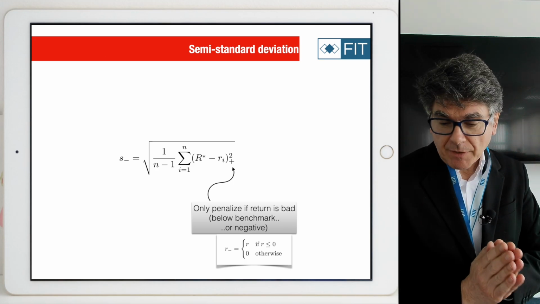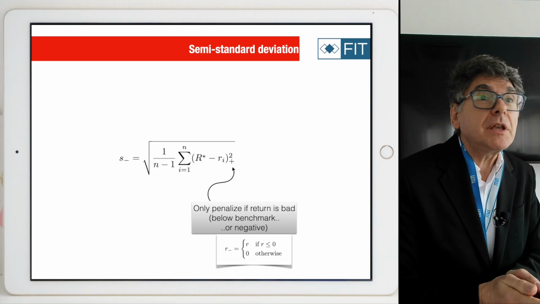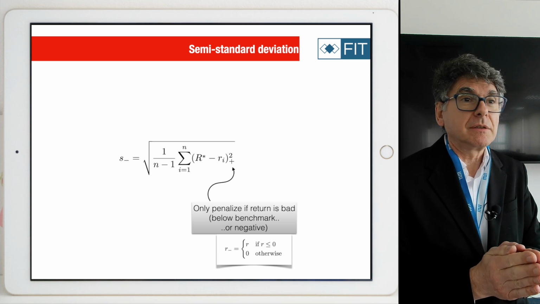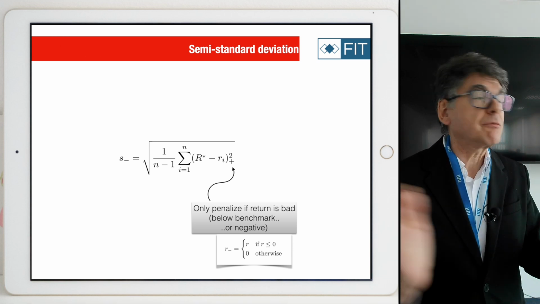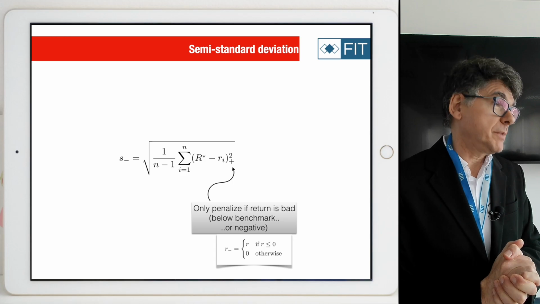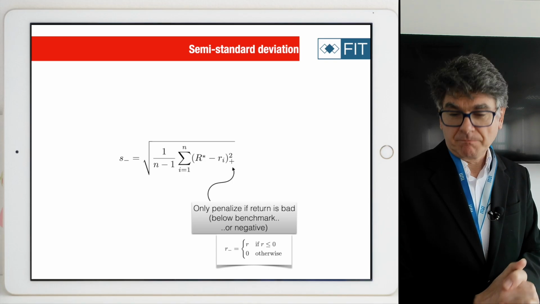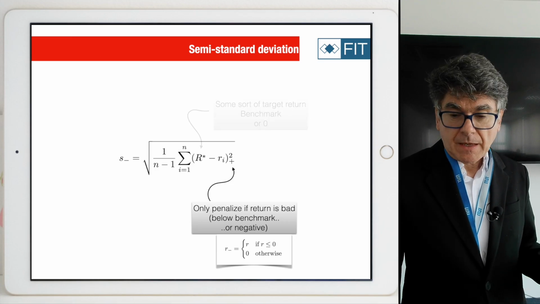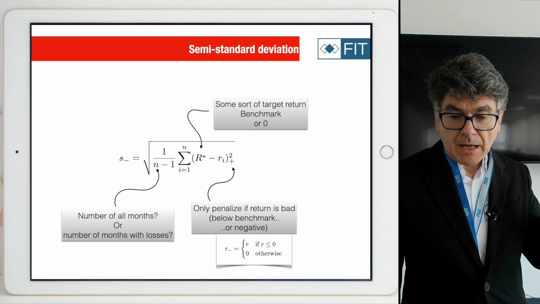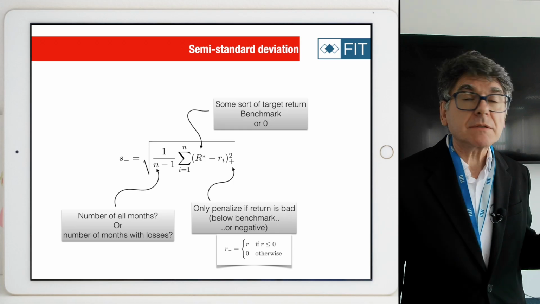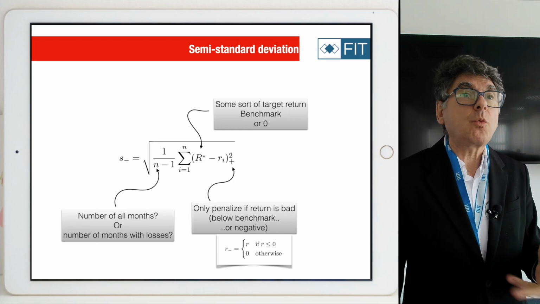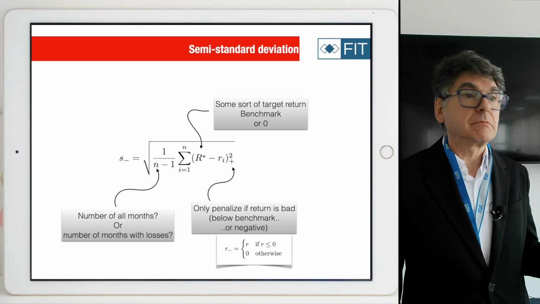But then, this is the funny part. They don't agree what that n should be. There are in fact 2 definitions out there for what n should be. N could be the number of all months or the number of months when I lose money.